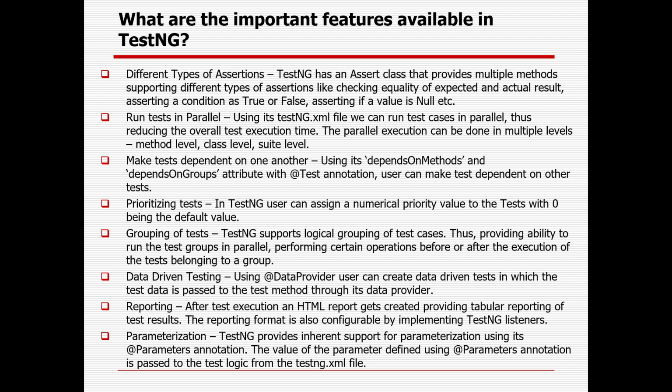In case it goes by alphabetical order, sometimes it might fail. Instead of that, you can give some ordering to avoid failing. You can give the ordering as login would be 1 and then searching will be 2, so that it automatically goes based on the order instead of the alphabetical way. That is the way you can prioritize the tests.